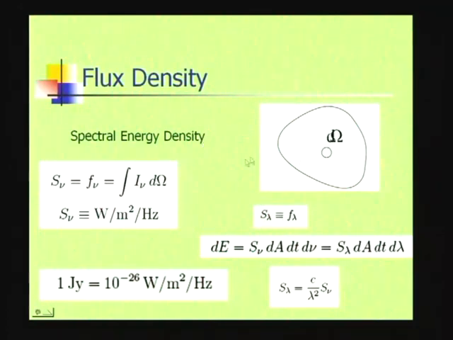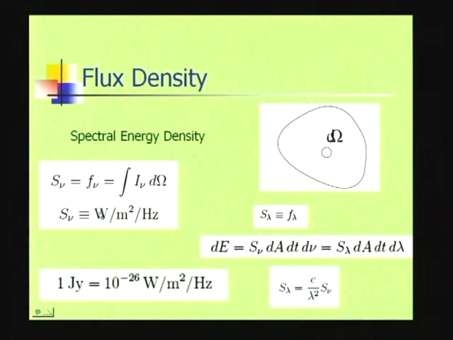As a consequence, what I measure is the total specific intensity integrated over the entire solid angle, right. So, I have to integrate over the solid angle d omega over this whole source, and this is the flux F nu, sometimes denoted by S nu, sometimes as F nu. Okay, this is the flux density because it is per unit frequency, or the spectral energy density.